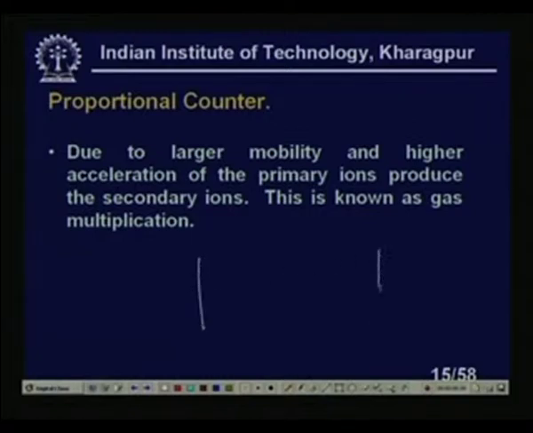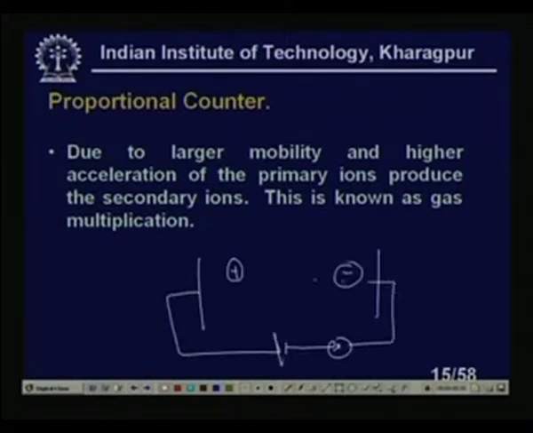We have plates here, with positive ions and negative ions. I am connecting this battery. These rays are coming here, ionizing the gas. Now, this will move with a very fast acceleration in these directions. Whenever it is moving, it may further ionize the molecules of the gas, so obviously I will get more and more current.